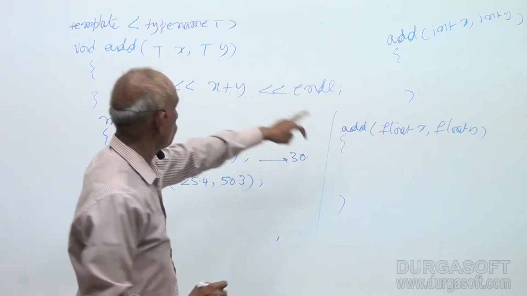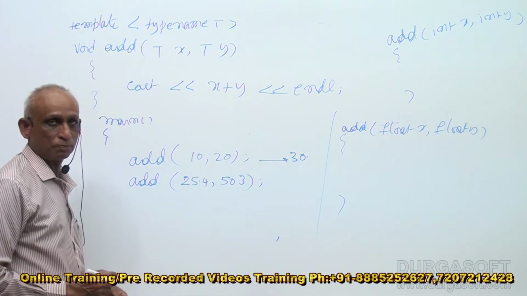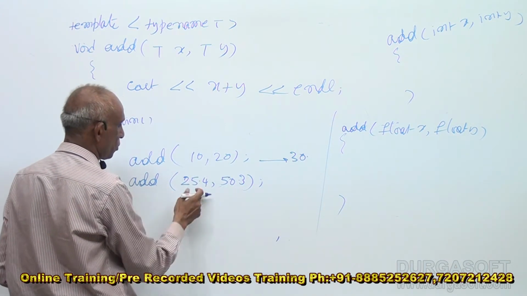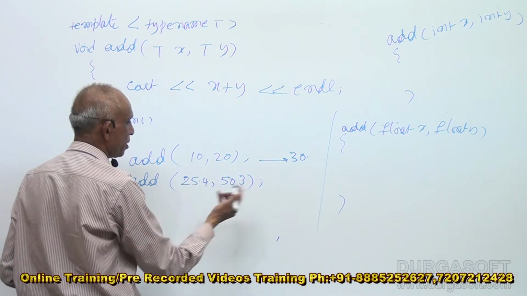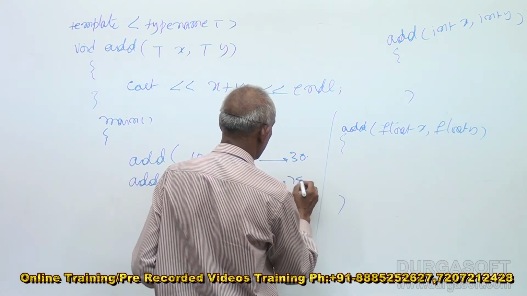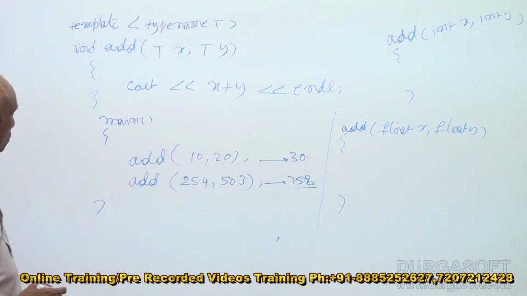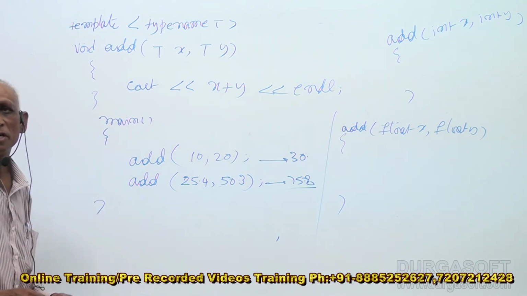So these two will be floats. That version is invoked here, and those two are added and displayed. So 25.4 plus 50.3 means 75.7 is displayed. So this is how a template function with single type and two parameters is used.